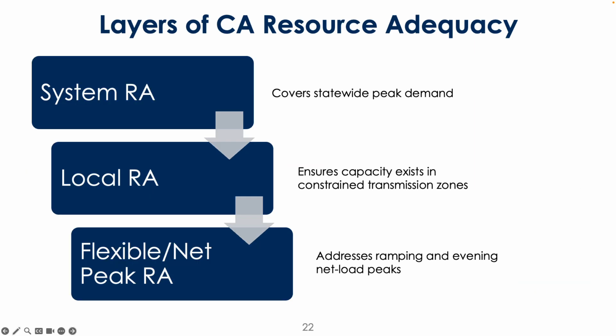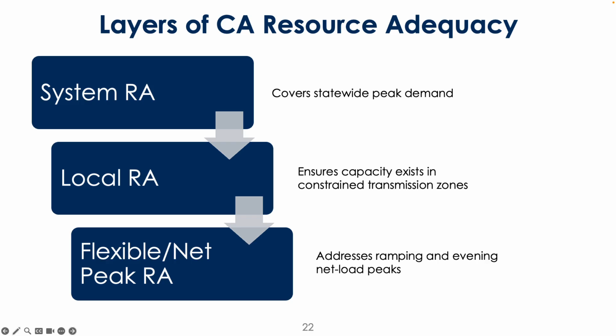And just to complicate things even more, you have different layers of resource adequacy. We think about constraints in the entire system, but there are also constraints happening in slightly more local areas, right? For example, if you're transmission constrained and your LMPs are always really high. System RA is the resource adequacy to cover the entire state. Local RA is to think about capacity in constrained transmission zones.